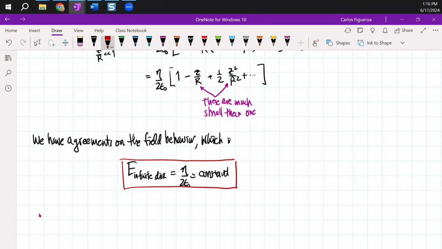So now, interpretation of the infinite plane field.